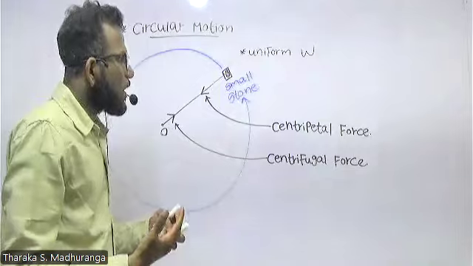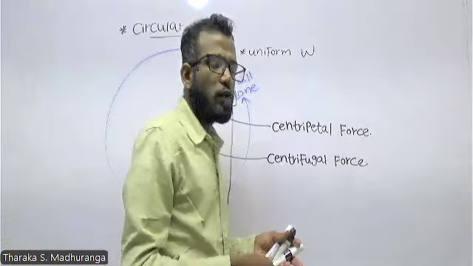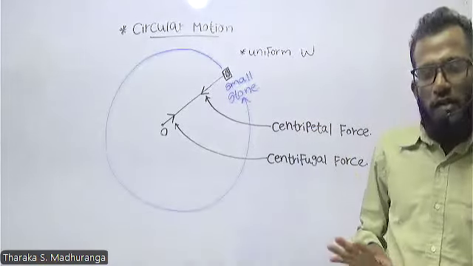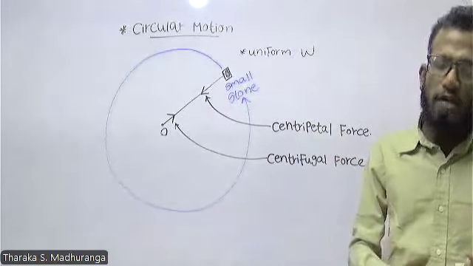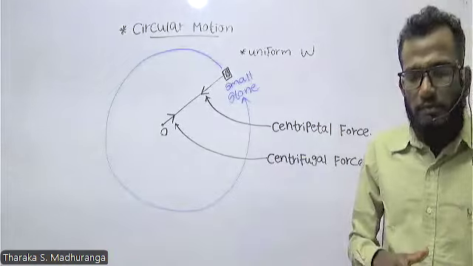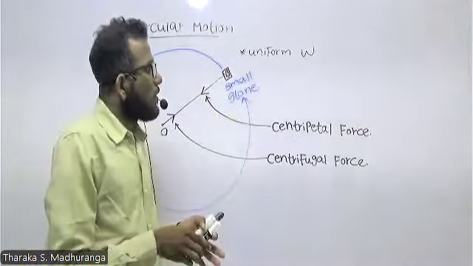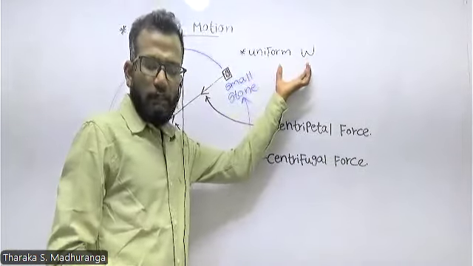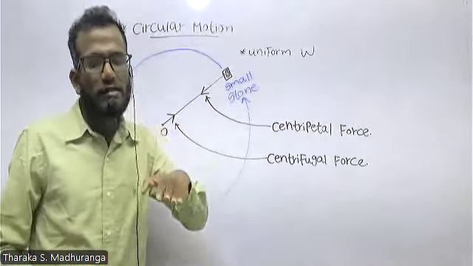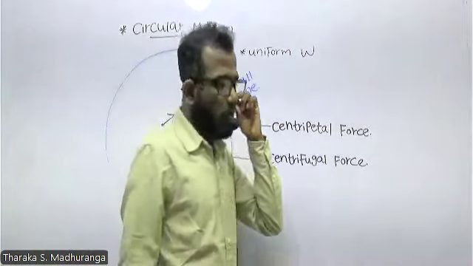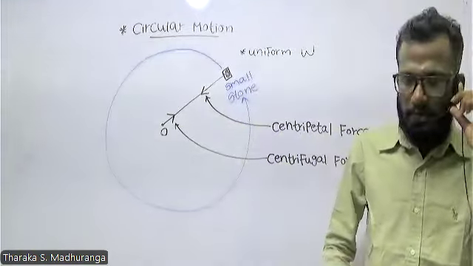Now, what happened to these centrifugal and centripetal forces? This centrifugal force should equal the centripetal force. That's the theory. With uniform angular velocity, is this object rotating balanced or unbalanced?